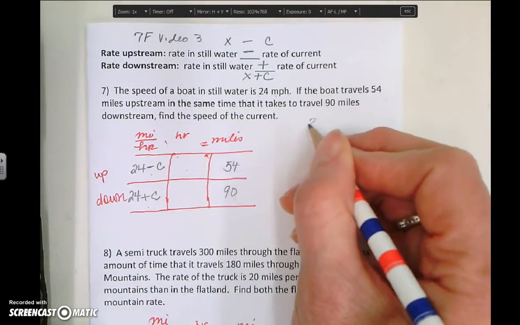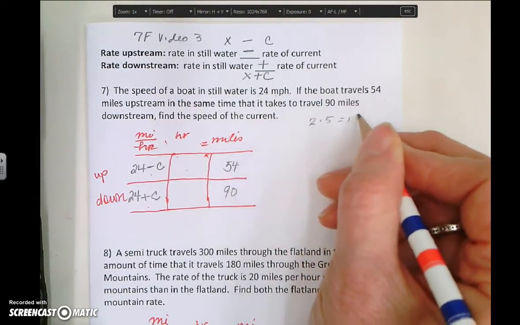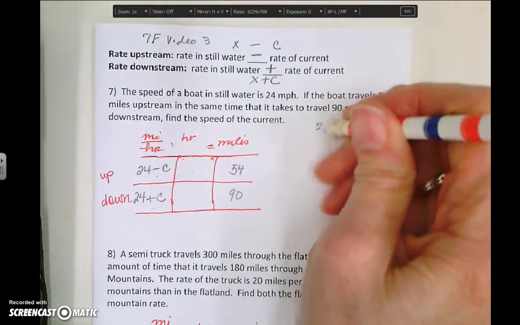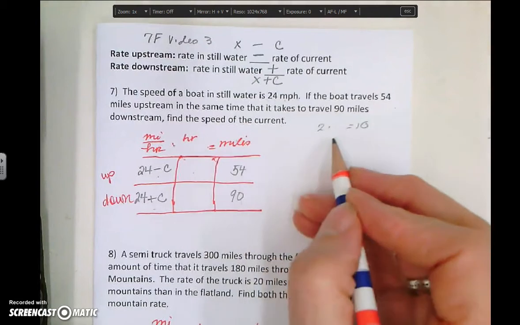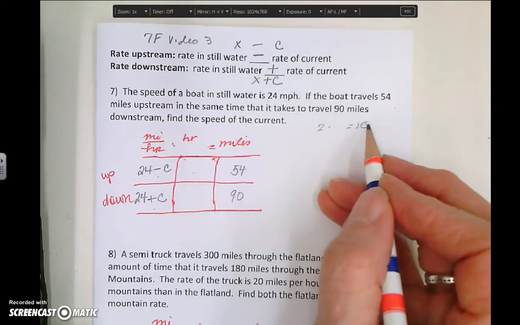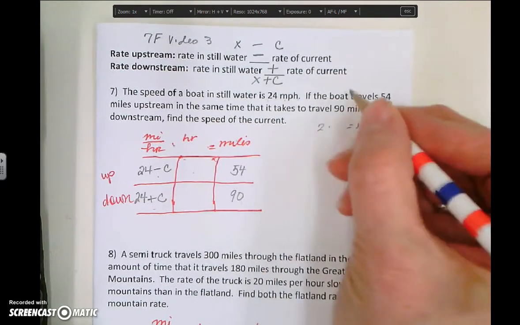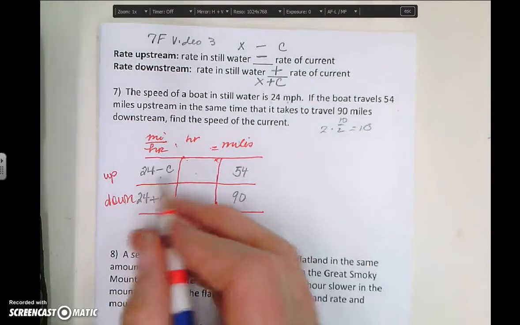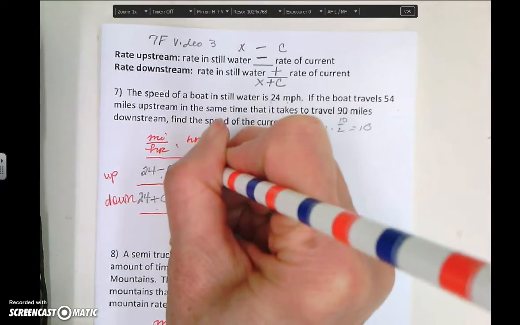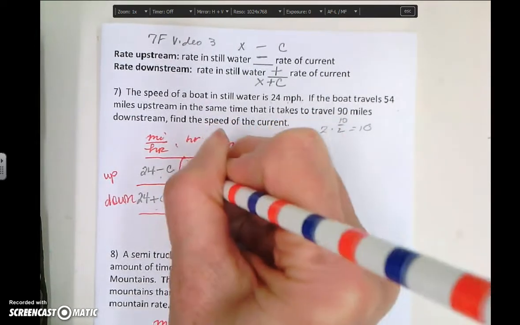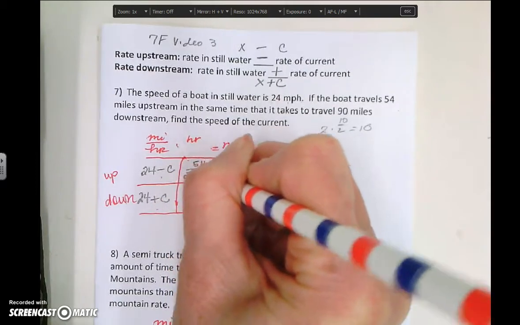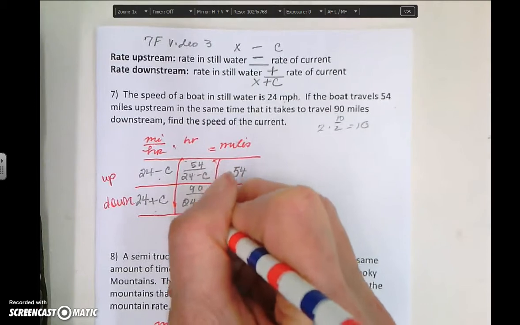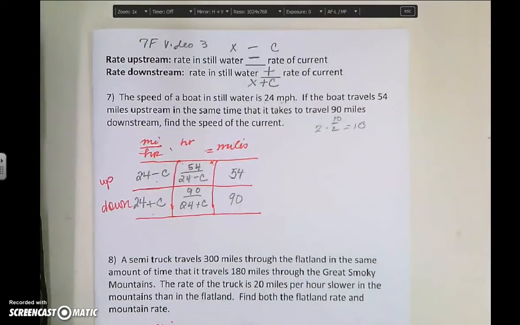So for example, if I say 2 times 5 is 10, and I'm missing that number there, so 2 times something is 10, then I can say that 10 divided by 2 is 5, goes right there. And that's what we're going to do here. We're going to say the hours is going to be 54 divided by 24 minus c. And the same thing here, 90 divided by 24 plus c.